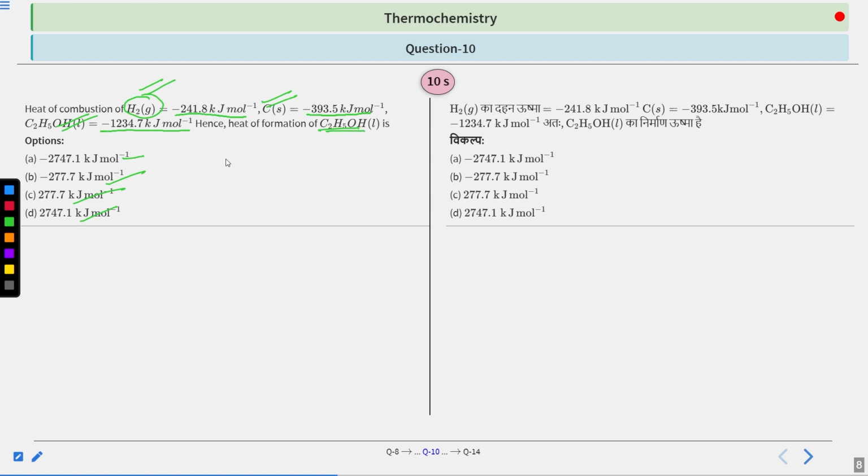Now you will balance the elements accordingly. Clear? On doing this whole process, you will get the fourth thermochemical equation, which is the required one. Just sum up these three accordingly to get the fourth one. Right? So your 10 seconds to solve this question starts now.